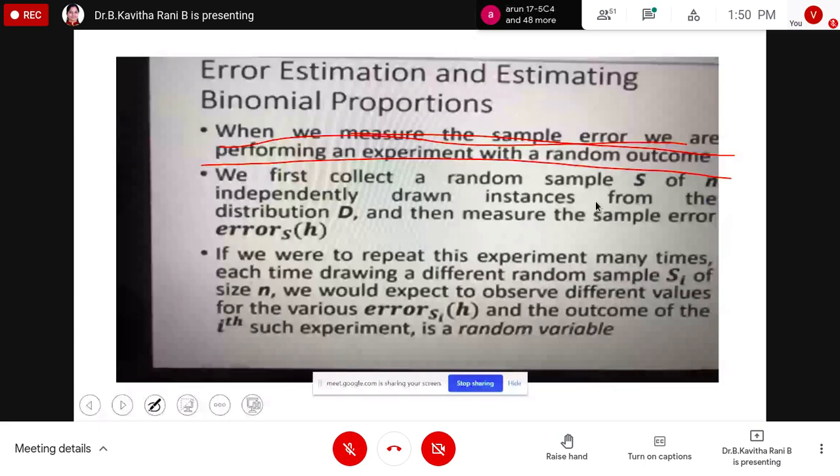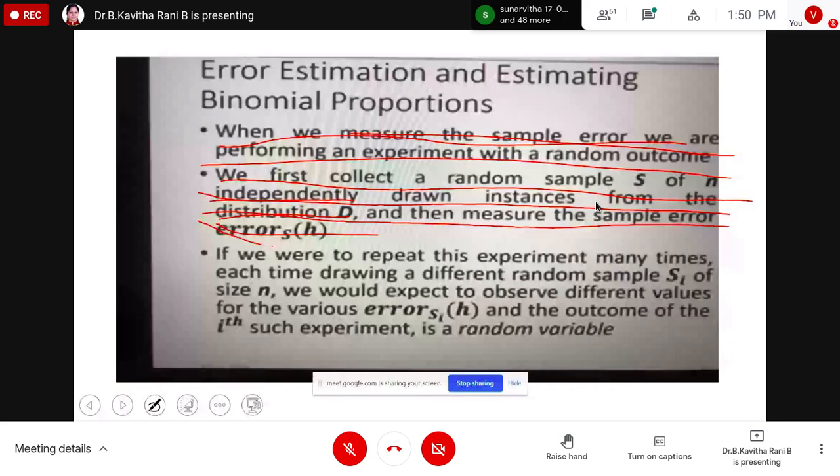We first collect a random sample S of n independently drawn instances from the distribution D and then measure the sample error. That means from the total data set we take one sample and find its error.